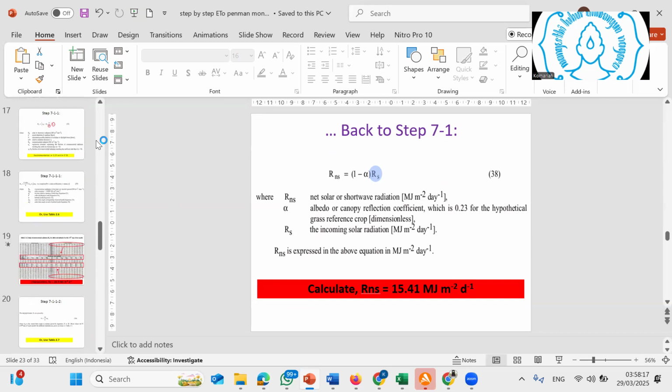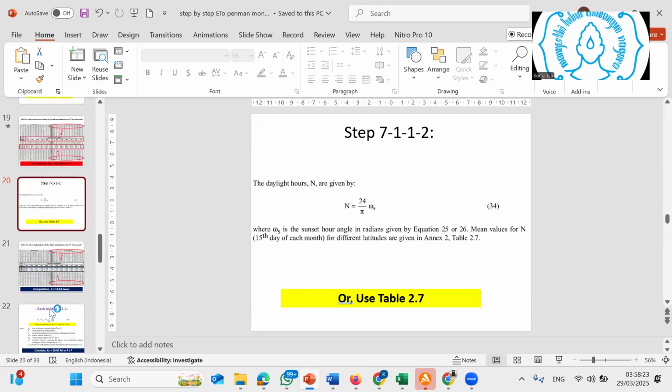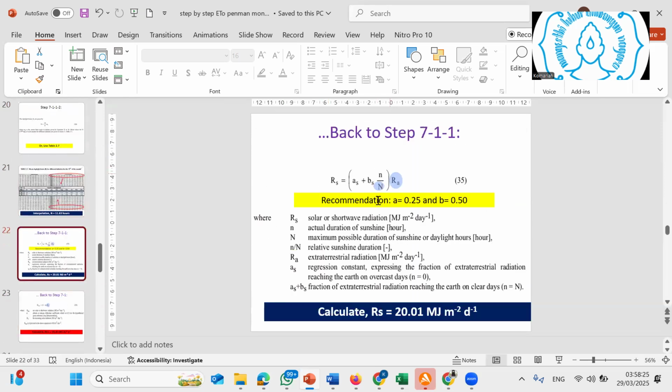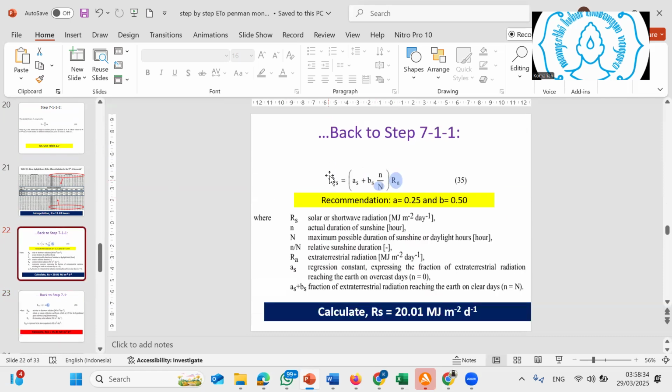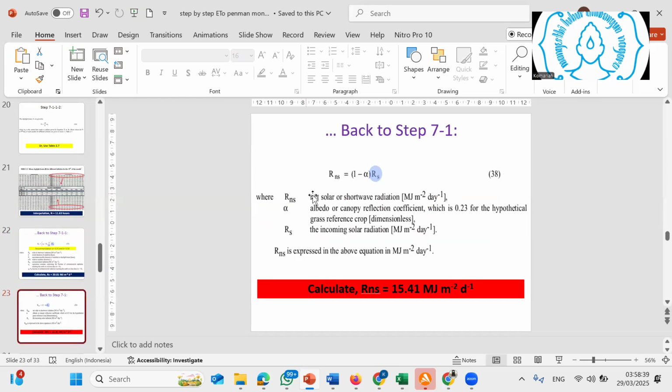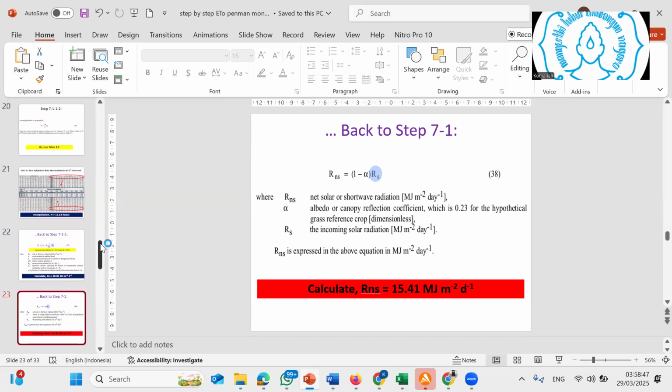The incoming radiation. Rs is here. After getting the Rs here, 20.01, we can calculate this Rns. Rns is 15.41.